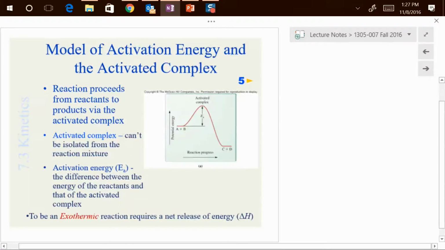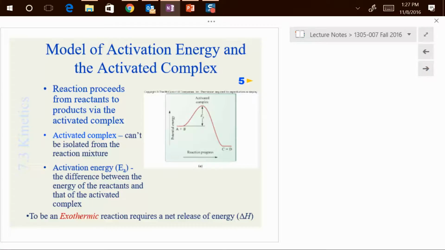Okay, and we call it an activated complex. This is how we show that in a diagram. Okay, so right here, this is the amount of energy required, excuse me, for the reaction to take place. That's the activation energy.